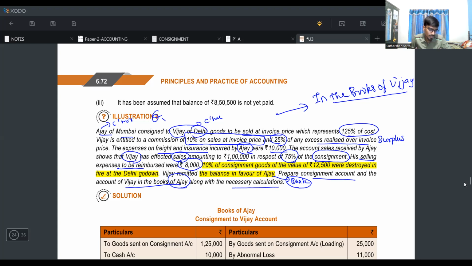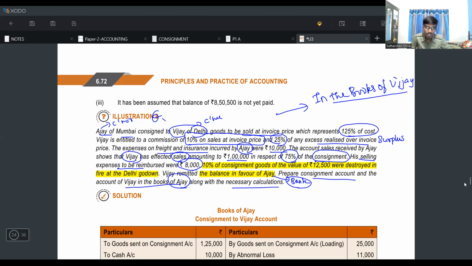Commission is given as 10% of sales at invoice price plus 25% of surplus. Okay, 10% of 93,750 sales plus 25% of 6,250.